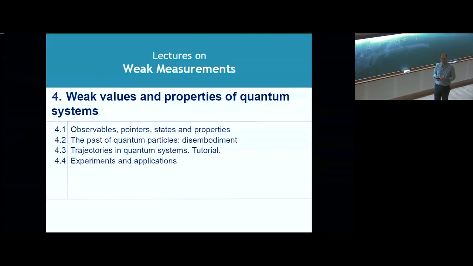Now, if I compute the weak value of B, so now I am doing something different.